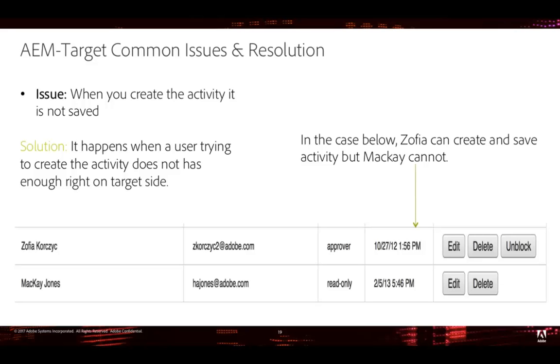Zofia is an approver, whereas McKay has only read-only permissions. So in such a scenario, when they're both logged into AEM from their instances and they're integrating to Target, Zofia would be able to create and save activities as well as synchronize everything, but McKay may not be able to create or save activities. He would just be able to synchronize everything. And this is the reason that we have always suggested that all the users that are being used for integration should actually be approvers on the Target side.